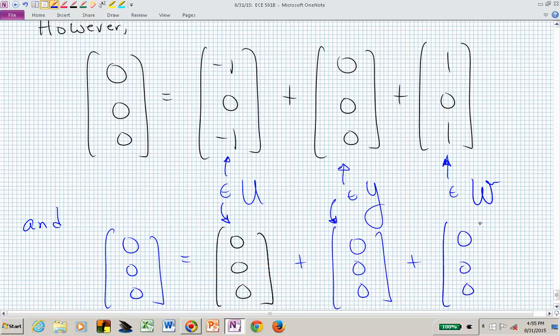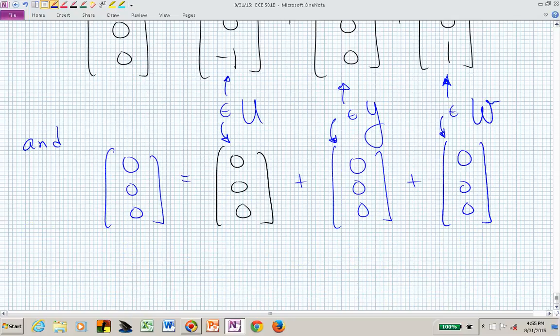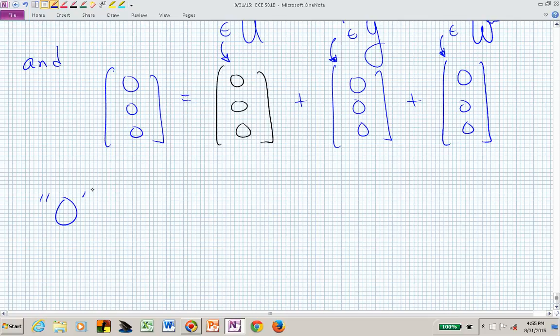And this vector is also in W. So I've now found two ways of representing the 0 vector from those two or three different subspaces. Or 0 can be written in more than one way.